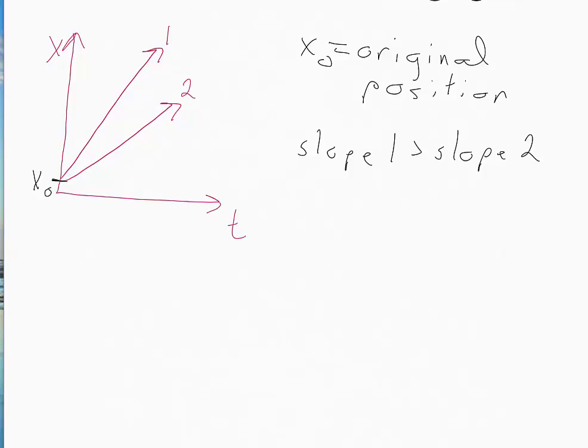So the slope of a line, in particular this line. Let's look at slope 1, for example. We know that to get the slope, it is the rise over the run. The change in the y values over the change in the x values.